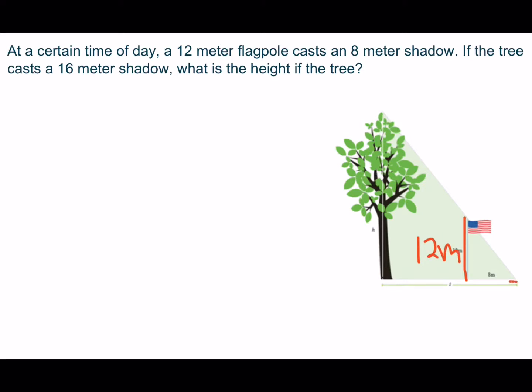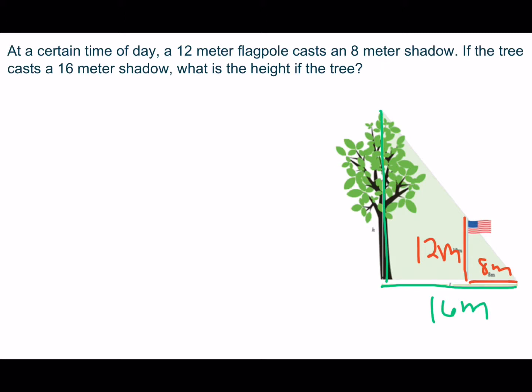So the shadow of this flagpole right there is going to be 8 meters. If the tree casts a 16-meter shadow, right? So the tree down here casts a 16-meter shadow. Question is, what is the height of the tree? This part right here, height of the tree.